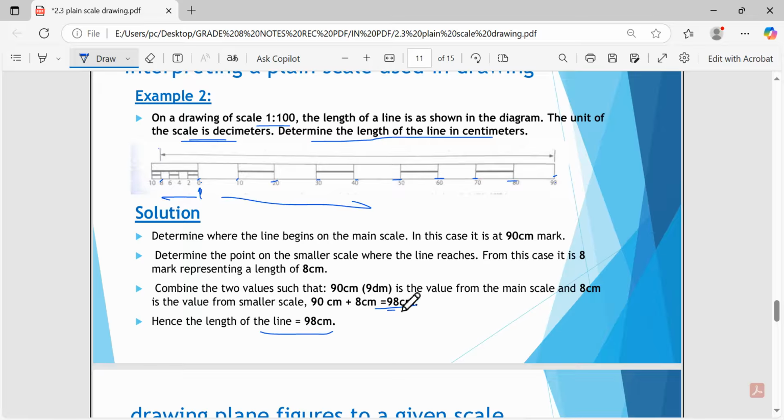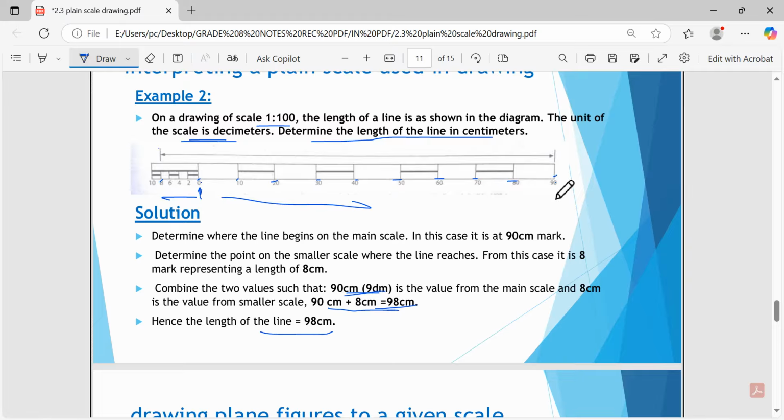So if this is in decimeters, remember this was in decimeters, there's somewhere here gone wrong, so there's a bit of a miscommunication in this.